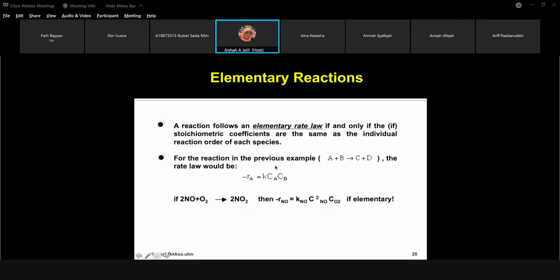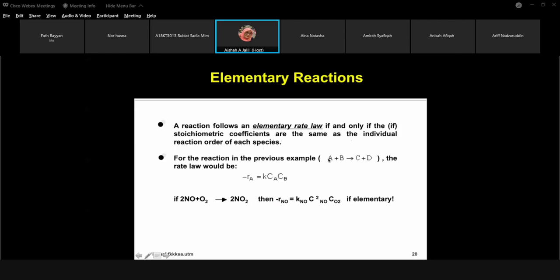For the reaction in the previous example, A plus B to C plus D, the rate law could be this if the reaction is elementary. So as I said, if elementary reaction, the power must be the same as the stoichiometric coefficient of the reactant, we just talk about the reactant, not the product.